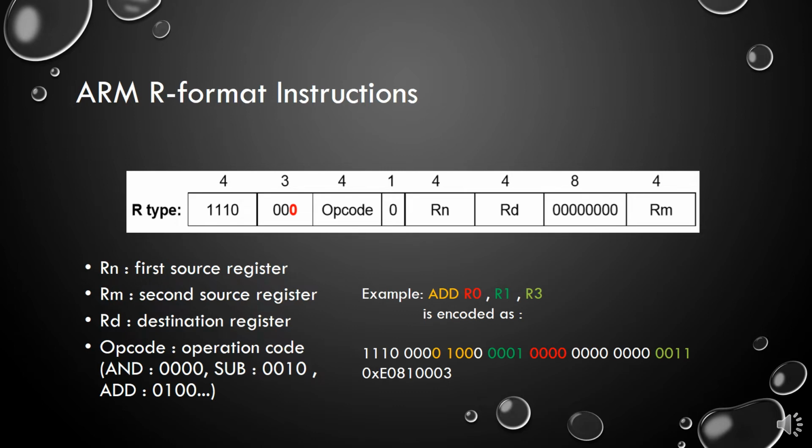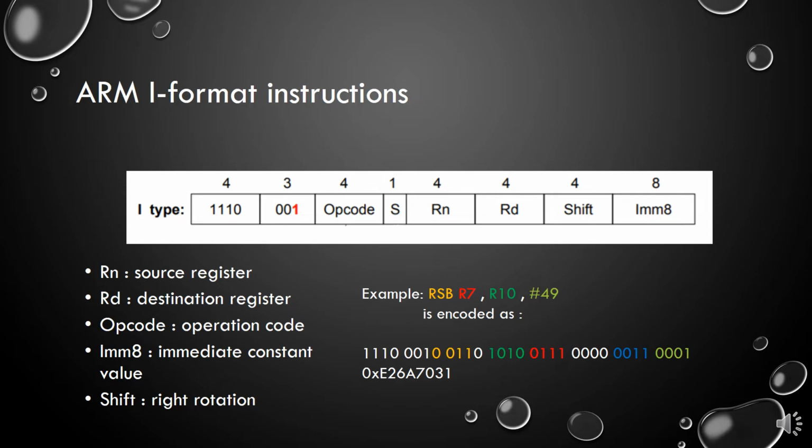We can take an example, add register R0, register R1, and register R3. This could be encoded as, we replace add by its opcode, which is 0100, R0 by 0000, R1 by 1, and R3 by 3, and we finally convert to hexadecimal representation.